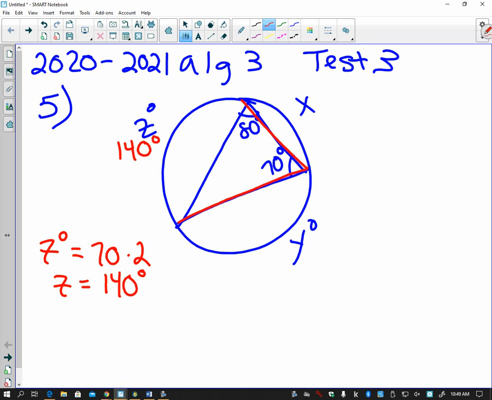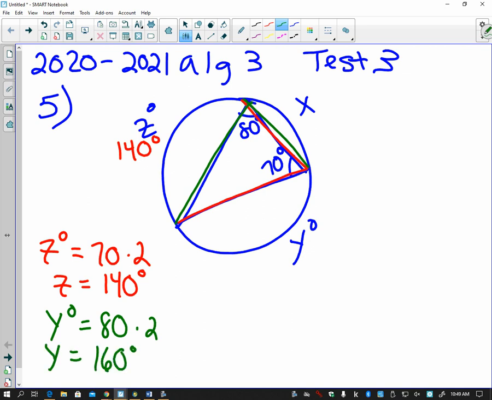Okay, does that make sense? Yes. Okay. Now we have this 80-degree angle, which we can use to solve for Y. Y equals what? 80 times 2, right? So Y equals 160 degrees.